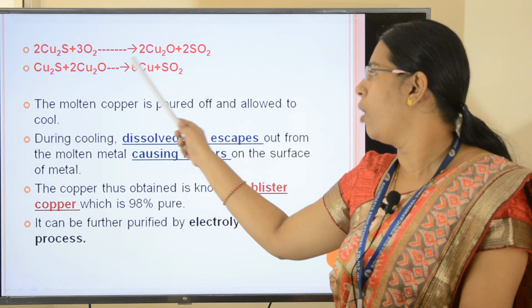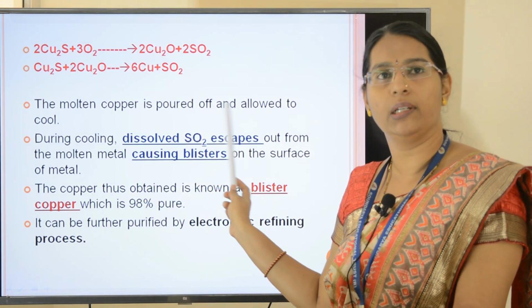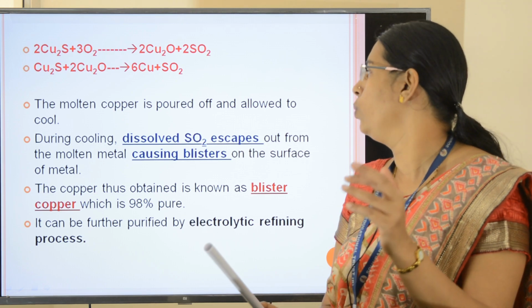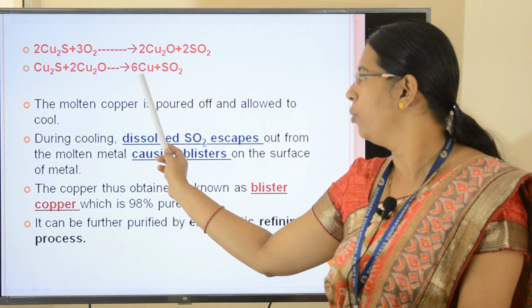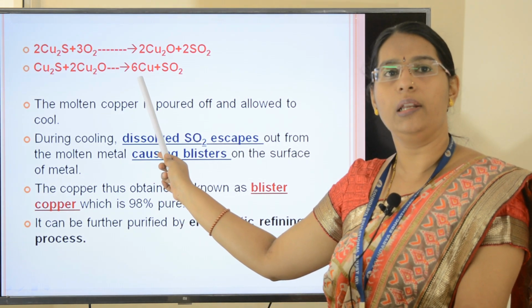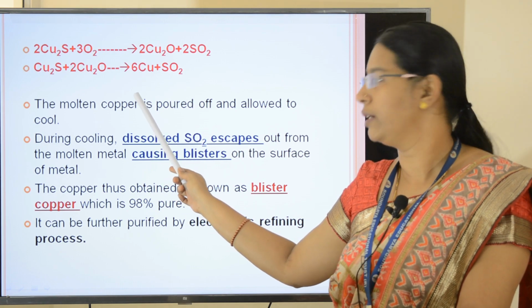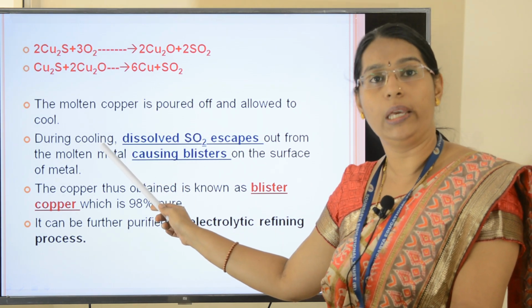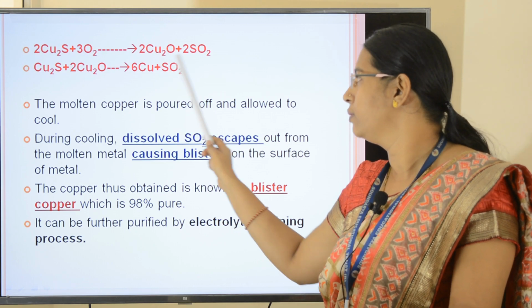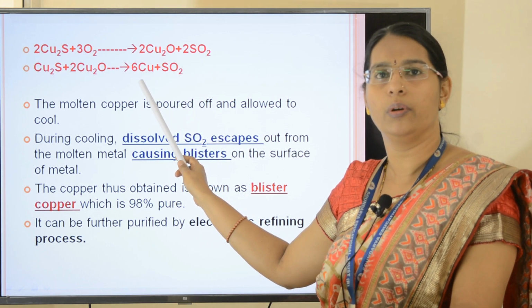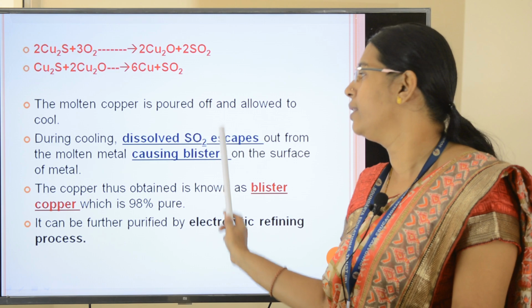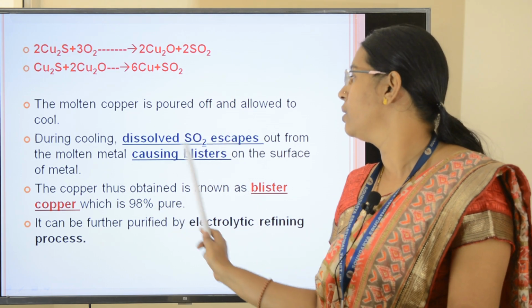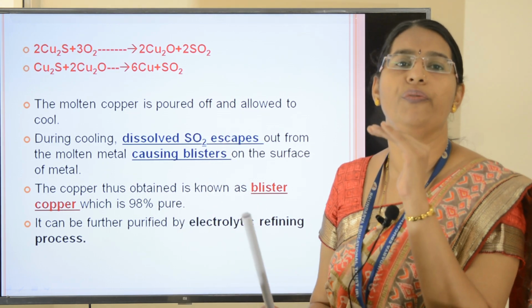This molten copper is poured into another container and it is allowed to cool. During cooling, the sulfur dioxide, which is dissolved inside the molten copper, will escape out, causing some blisters on the surface of copper.